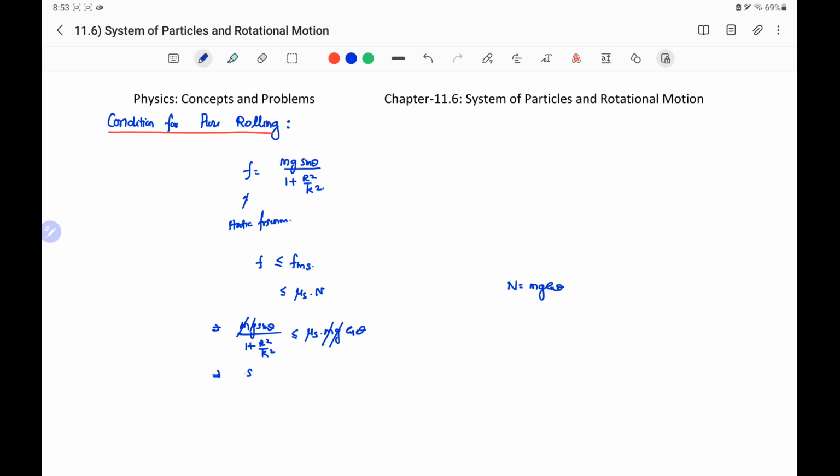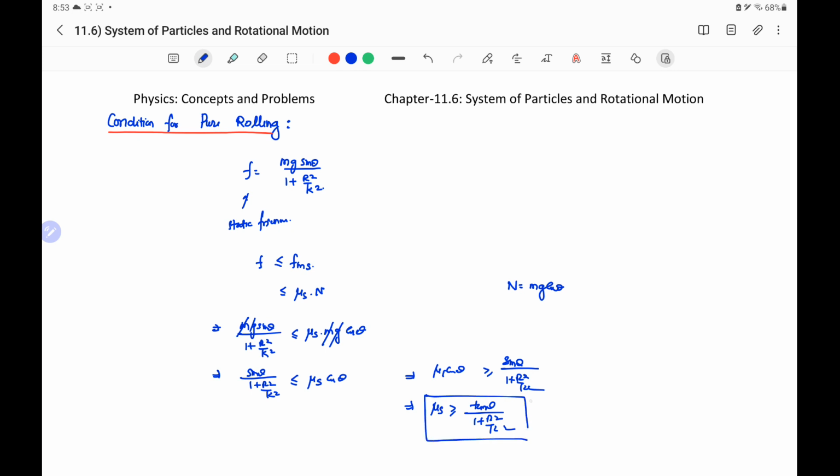This implies that sin theta by 1 plus r square by k square is less than or equal to mu s cos theta, or we can write mu s cos theta is greater than or equal to sin theta by 1 plus r square by k square, and on taking the cos theta to the right hand side we will have mu s is greater than or equal to tan theta by 1 plus r square by k square. This is the condition for rolling without slipping, that is pure rolling.